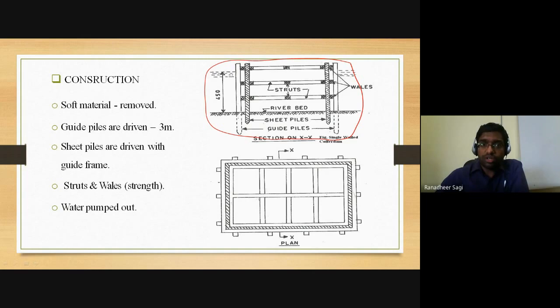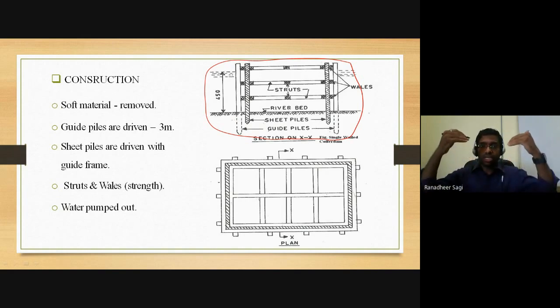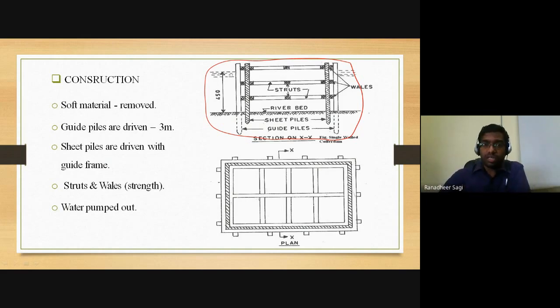First we drive the guide piles into the soil strata in which you are required to take up the construction of your cofferdam. After driving the guide piles into the ground, you then drive your sheet piles into the ground, and these sheet piles are structurally connected to those supporting guide piles by means of what are called wales.